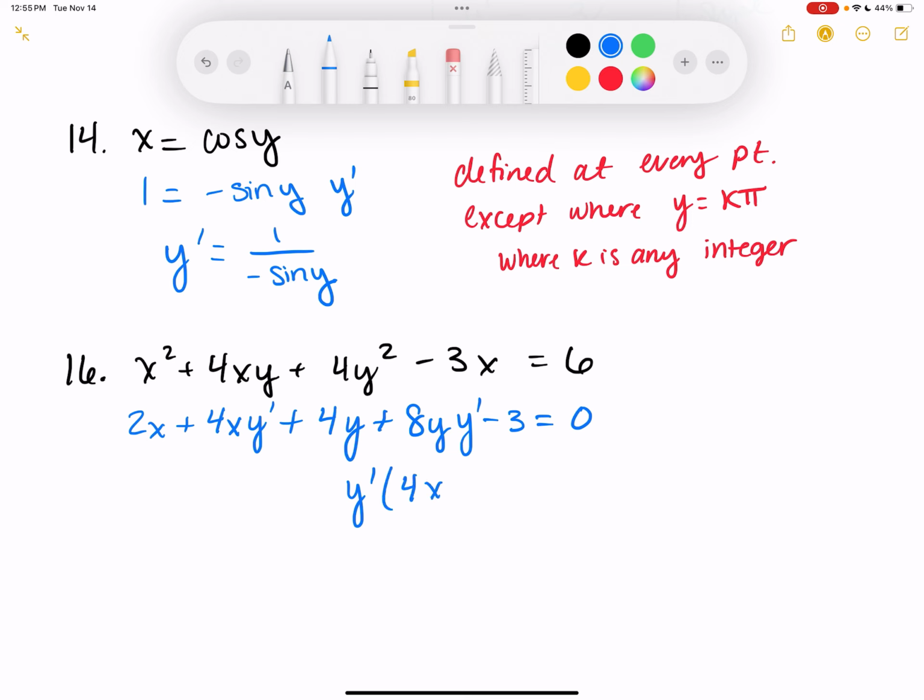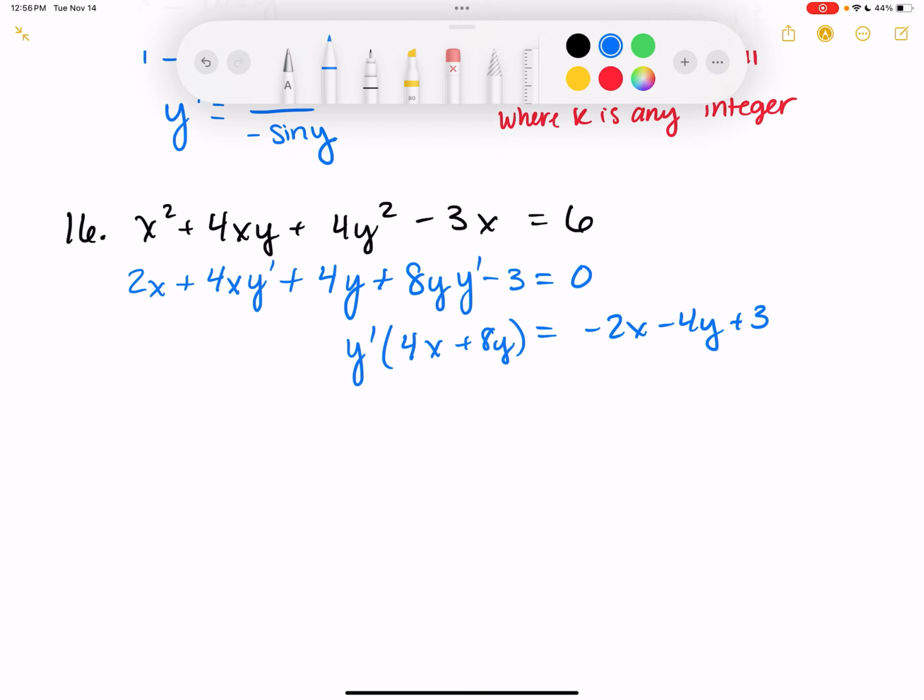So it's going to be 4x plus 8y is equal to negative 2x minus 4y plus 3. Now we have to divide, so y prime is equal to negative 2x minus 4y plus 3 divided by 4x plus 8y.